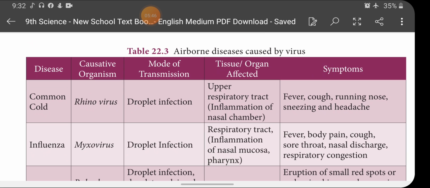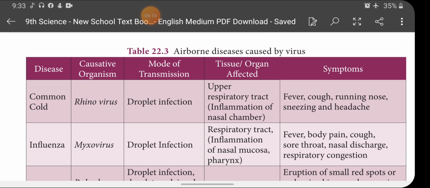If a person infected with common cold sneezes or coughs, the droplets are expelled and enter the air. If the droplets are inhaled by a healthy person near him, that person will be affected.